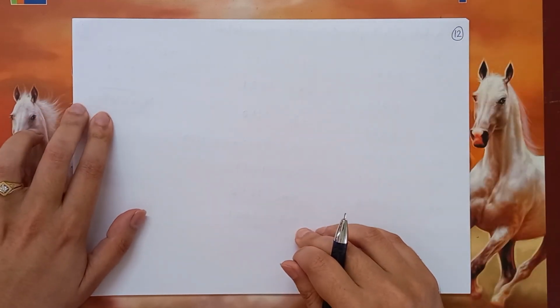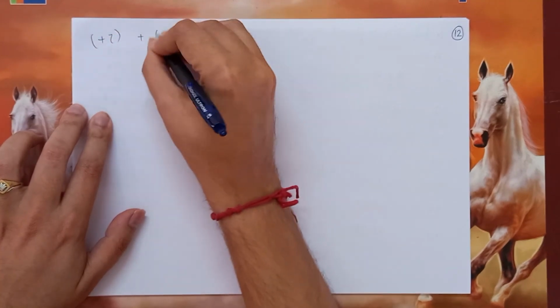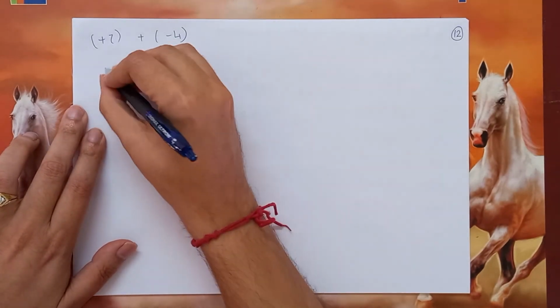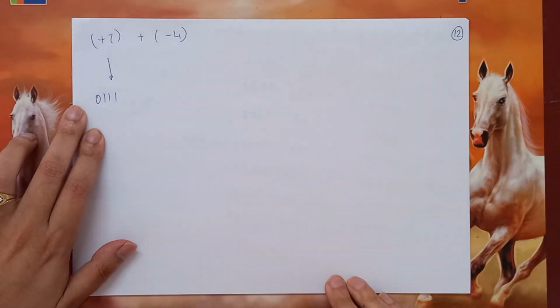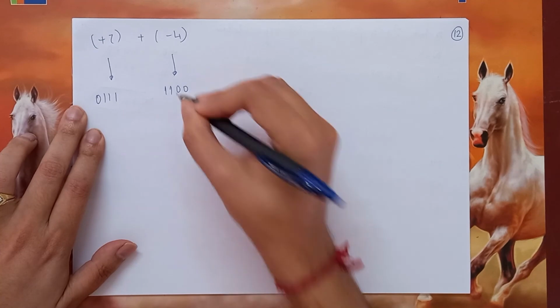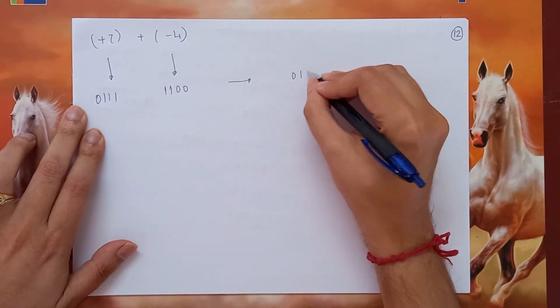Let us say I have plus 7 plus minus 4. This is the operation I want to do. So in 2's complement, plus 7 is written as 0111. And minus 4 is written as 1100. So therefore, if we want to do this, we can simply do the addition.